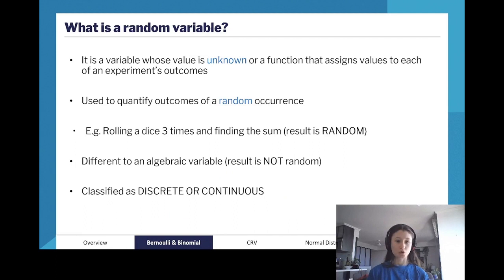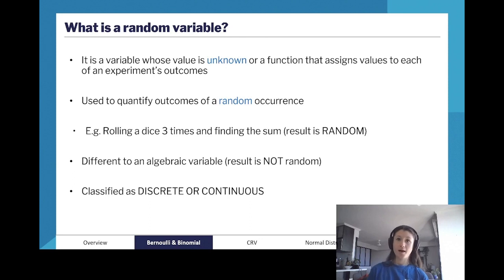Now let's get on to our next question in our review of statistics, and that is, what is a random variable? So remember, in year 12 we're studying random variables only. We're doing discrete and continuous random variables, so all of the statistics we're doing is covered by random variables.